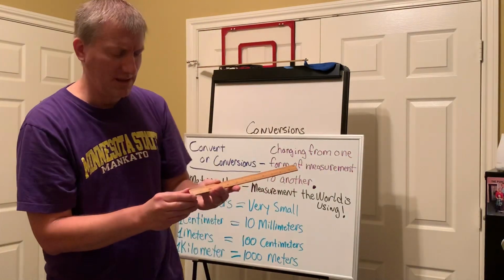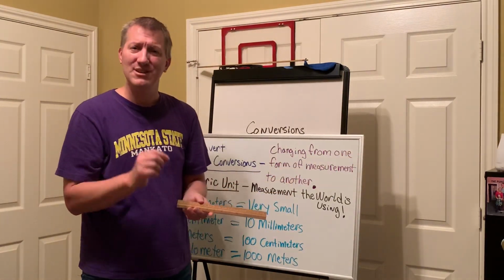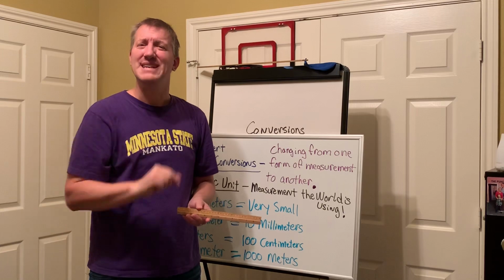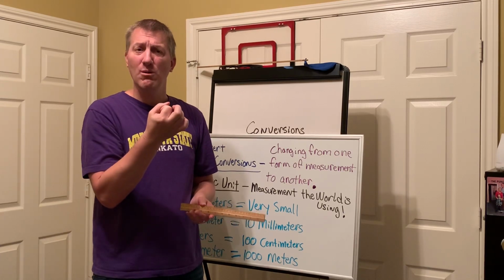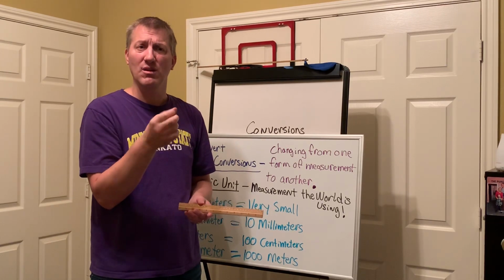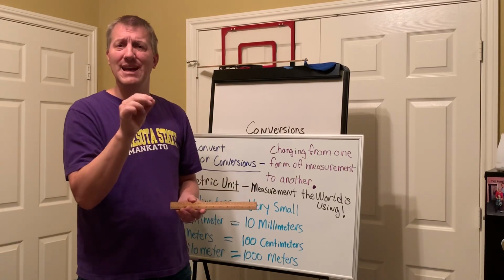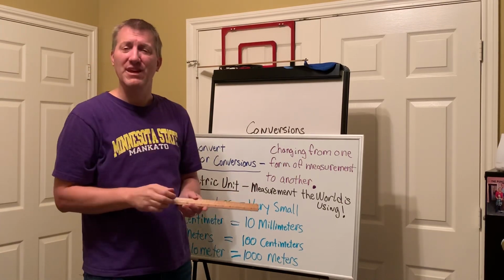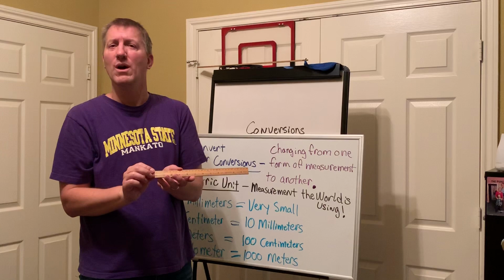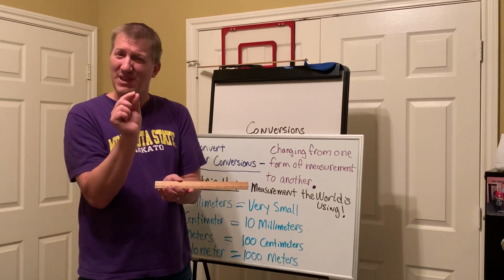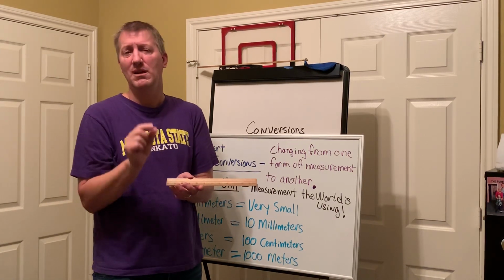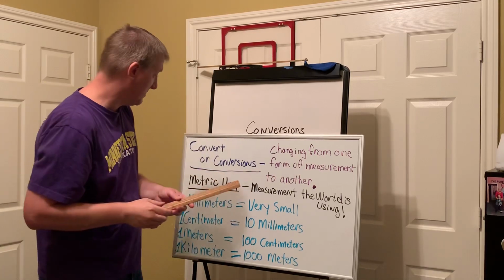A millimeter is about the thinness of a dime. You can go to your piggy bank, get out a dime and see how thick that is. That's 1 millimeter, a very, very small unit of measurement.